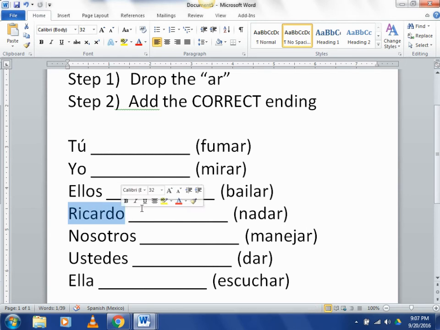So at this time, go ahead and pause the video and see if you can correctly conjugate some of these verbs and go through those steps. If you're unfamiliar with which ending, which form goes with which person, you have to take it back to the beginning of the video or look in the notes.